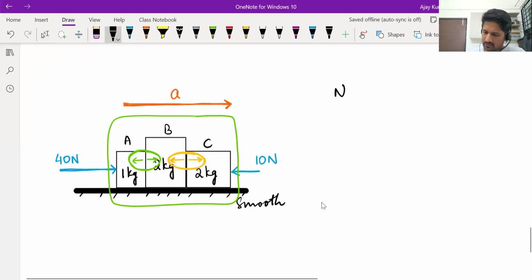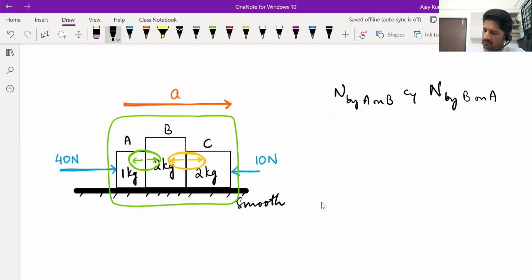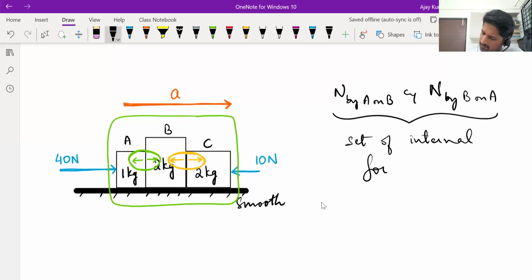Normal force by A on B and normal force by B on A, this set is a set of internal forces whose resultant is 0. Why is the resultant 0? Because they are an action-reaction pair, no? They'll have the same strength but opposite direction, so their resultant will be 0.